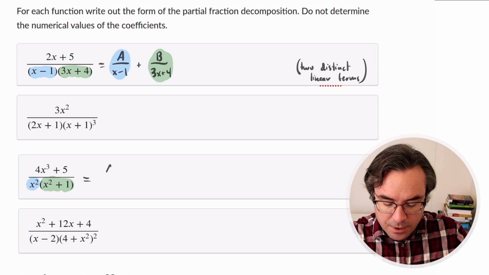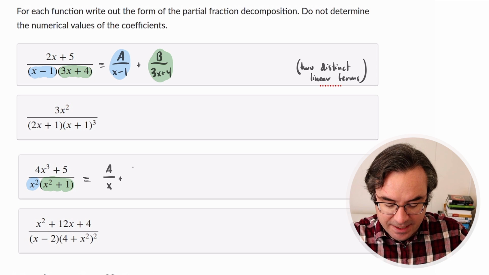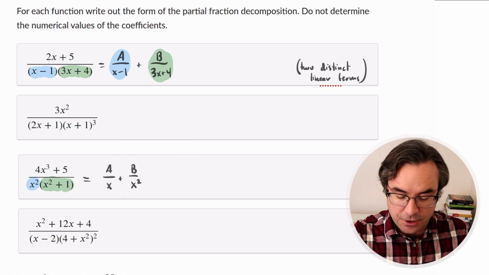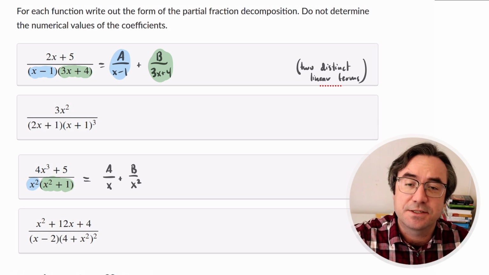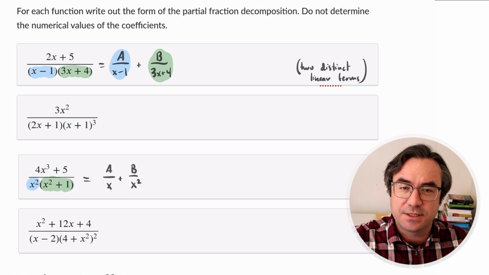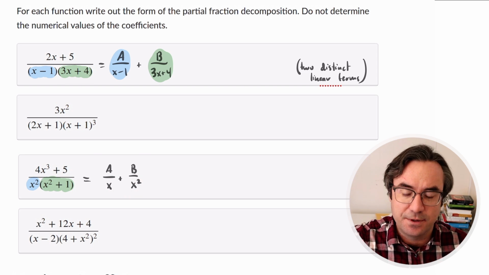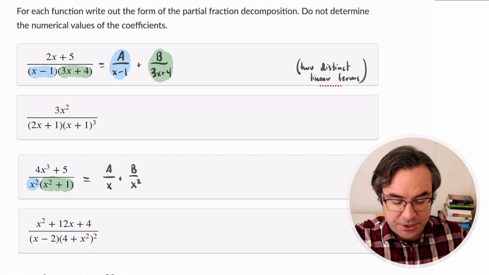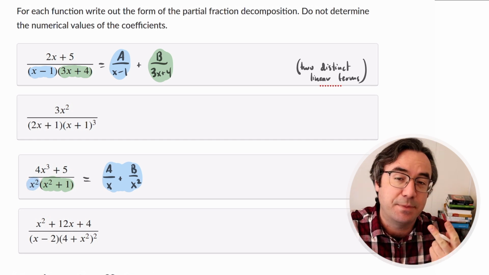So we'll have a fraction a over x, and then we'll have a second fraction, b over x squared. So this linear factor here happened twice, so we're getting two fractions. And our denominator counts up until we get to that x squared, until the multiplicity matches. All right, so we're getting two fractions for that lone x squared term, and that's because this x squared is a linear term that happens twice.